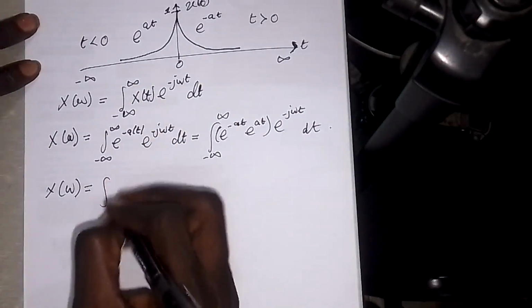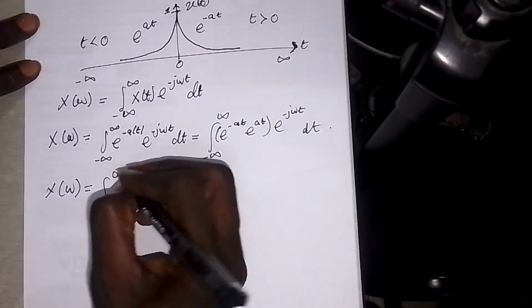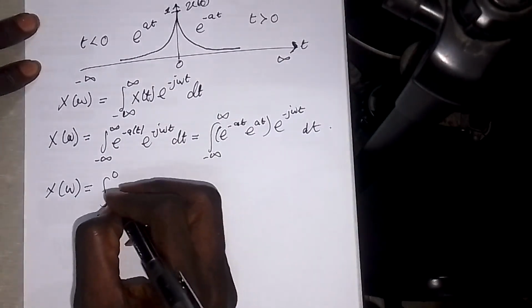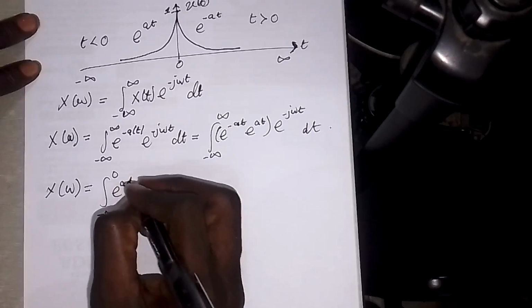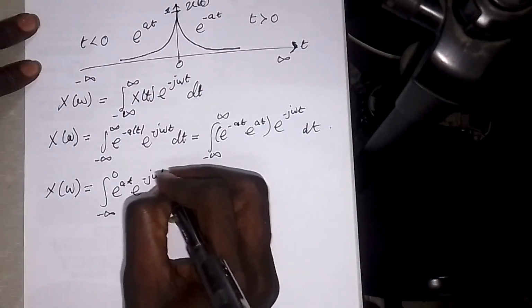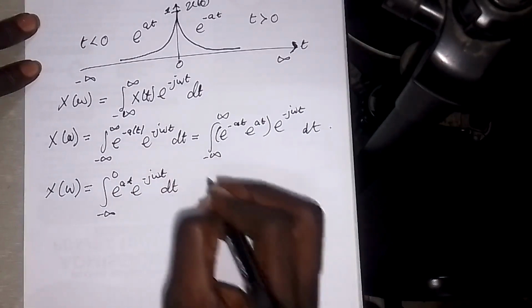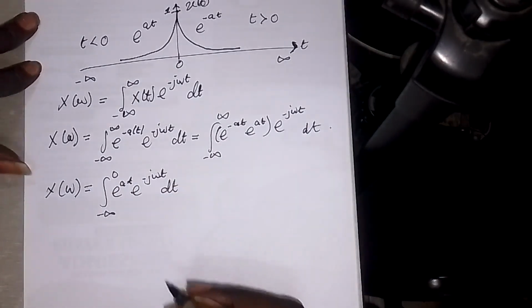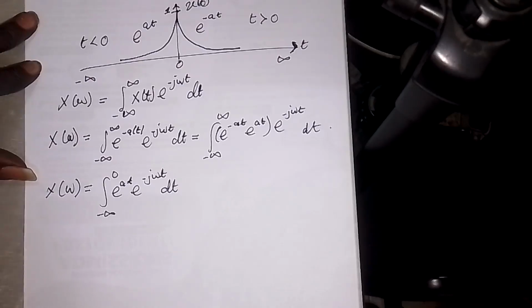So from minus infinity to 0, I have e exponent at into e minus j omega t dt.